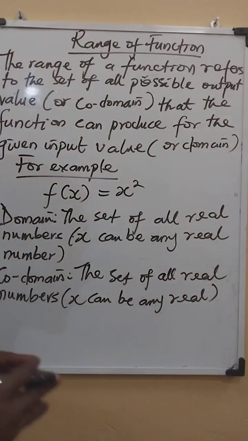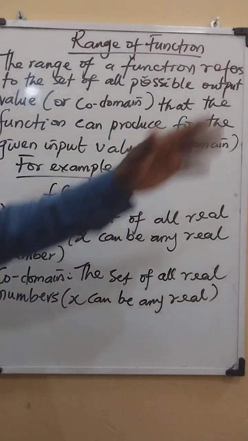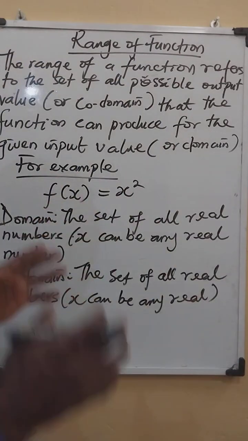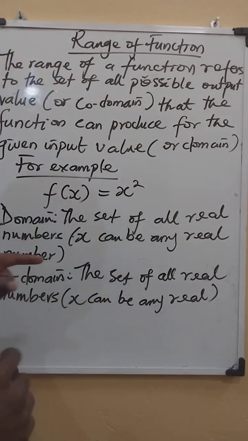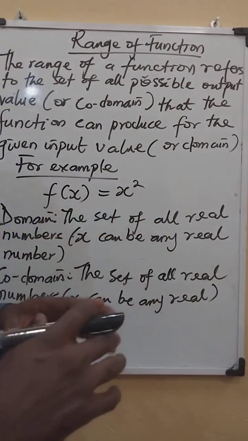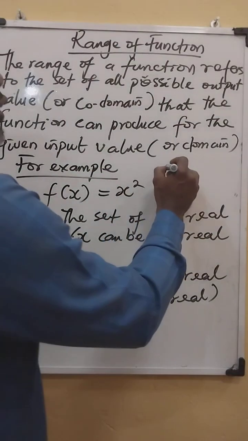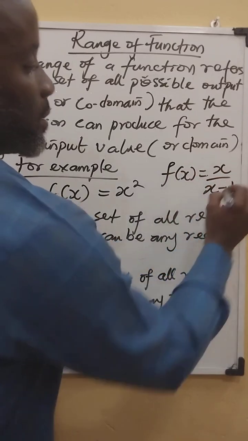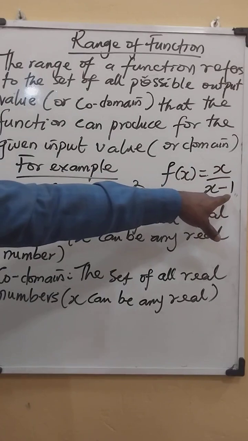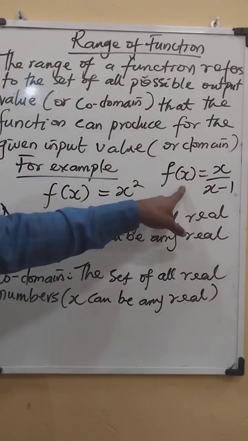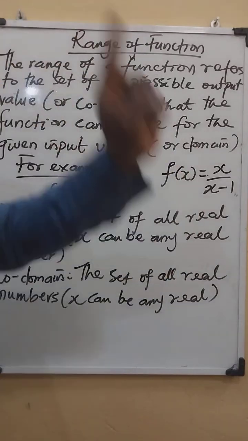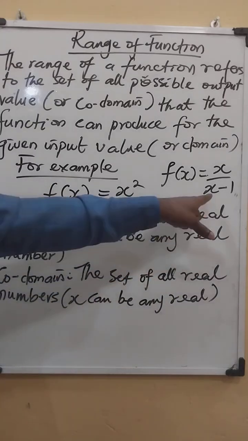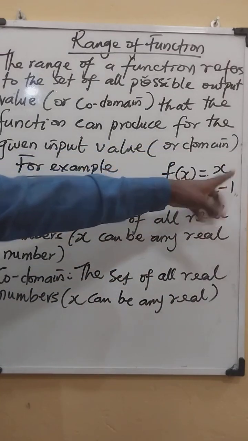In respect to range of domain, you don't have fractions, so you have what? Real numbers. The real number in this case is x. So even if you have a fraction-like function, what they are telling you is that in this function, x must be a real number. So don't be carried away by the statement that I made that you said real number, so why are we not having something like this as a fraction?